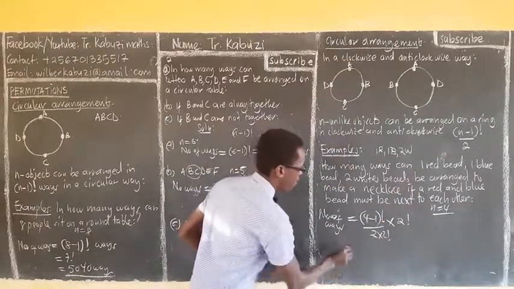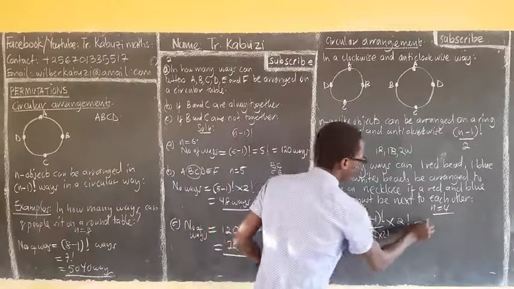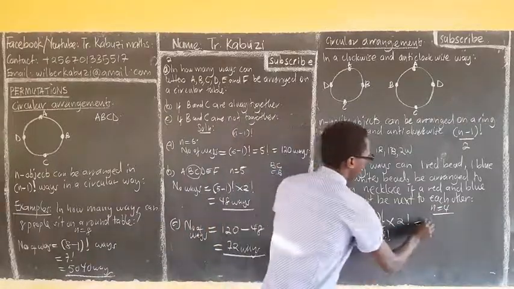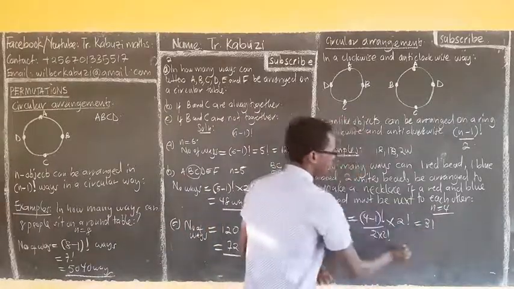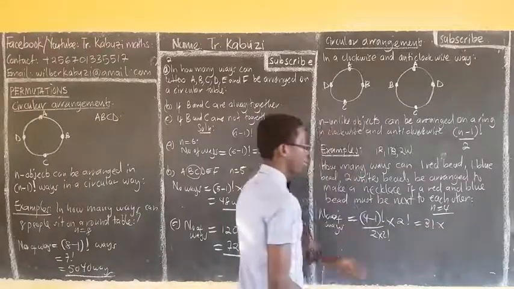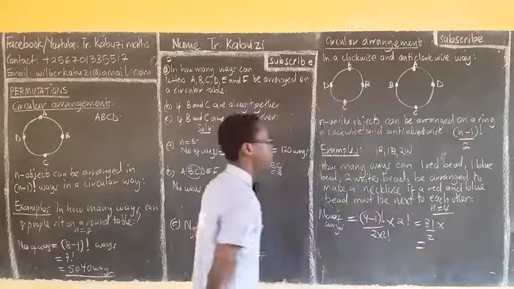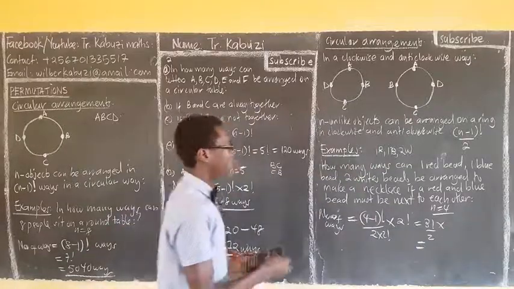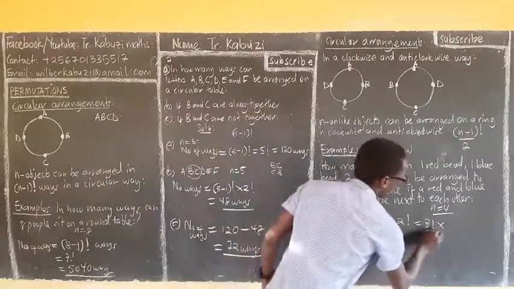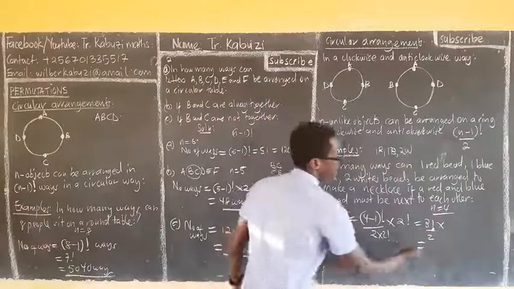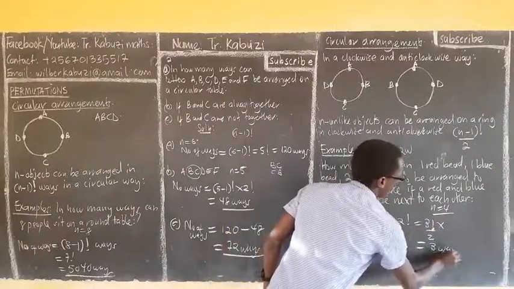So here this will give me 3 factorial, and the 2s will cancel, which will give me 3 ways. 3 factorial is 6, divided by 2, you have 3 ways.